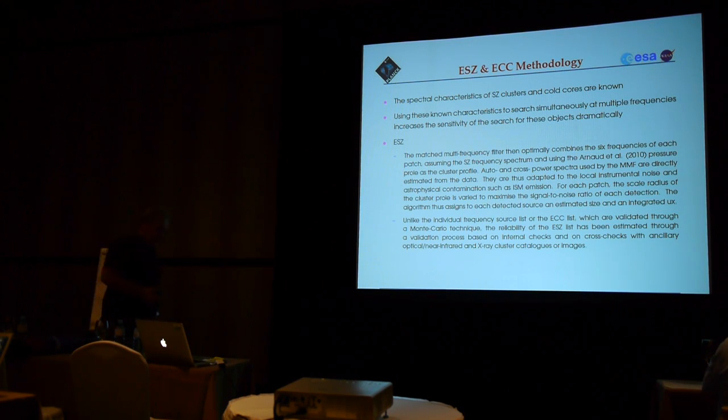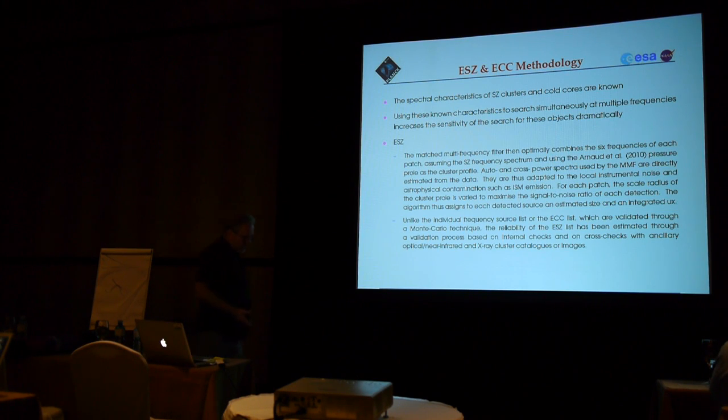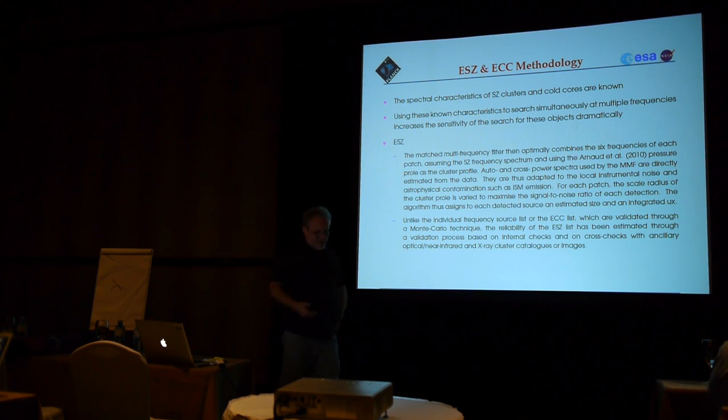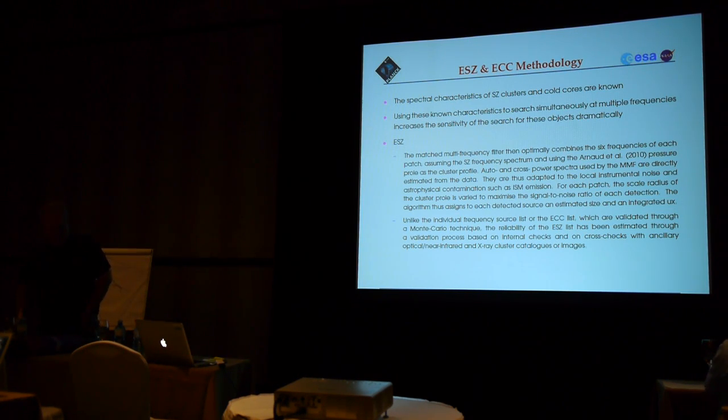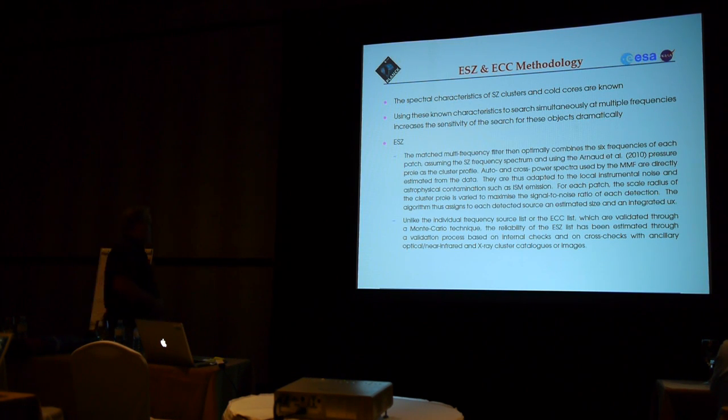Basically you run a bunch of relatively sophisticated filters on the maps, designed based on models of the cluster's spatial structure, combined with the angular resolution of the instrument and the spectral characteristics of the Sunyaev-Zeldovich effect itself, which results in enhanced capability to detect the clusters.